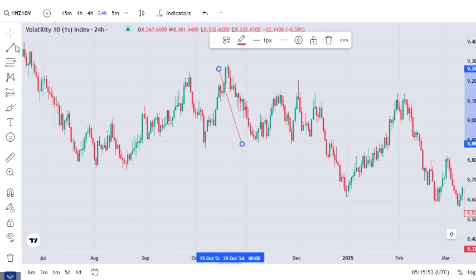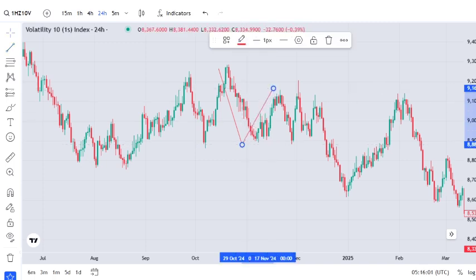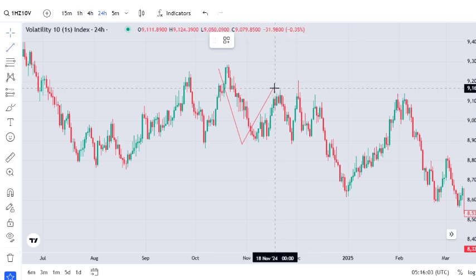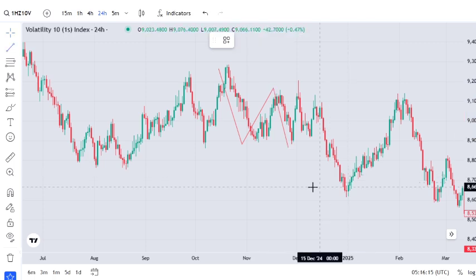I like to delineate this as a bearish trend. We have a market structure that is bearish, with a move downwards, a move upwards, a move downwards, a move upwards, a move downwards.